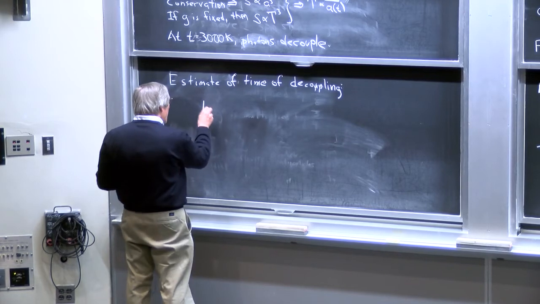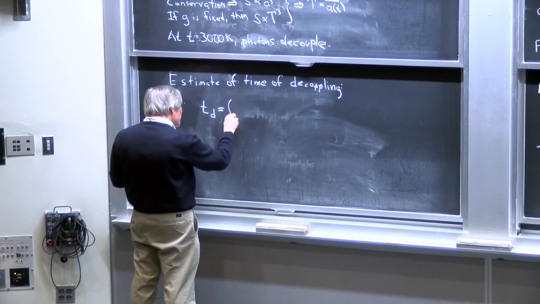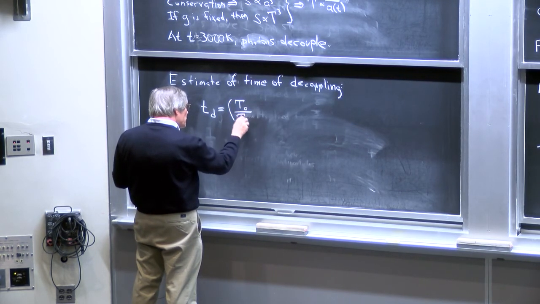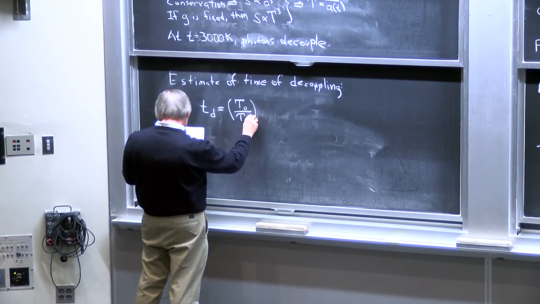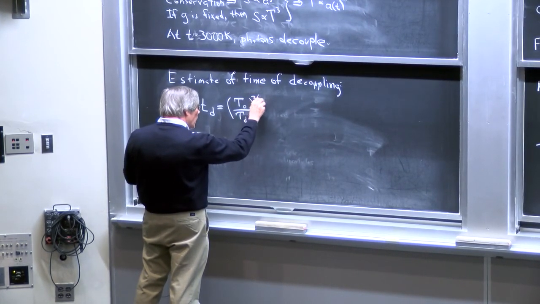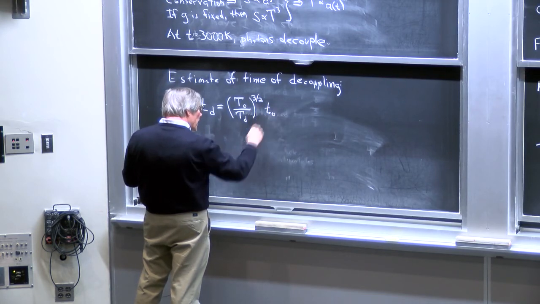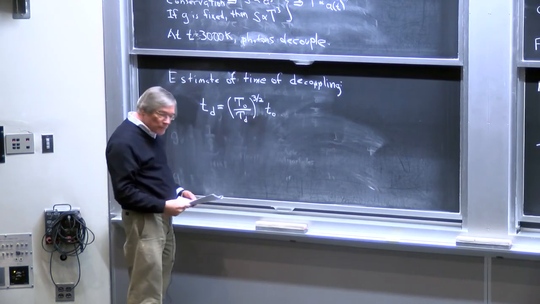So the time of decoupling, making this approximation, is just the ratio of the temperatures, T0 over T decoupling, to the 3/2 power times the time today. It's this fraction in the past.